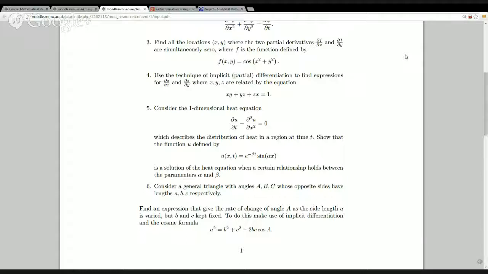Then you could take a very similar approach to finding the derivative with respect to y. Indeed, because x and y appear symmetrically here, you can probably just make a stab at writing it down straight away. dz dy would just be the symmetric thing, minus x minus z over x plus y.